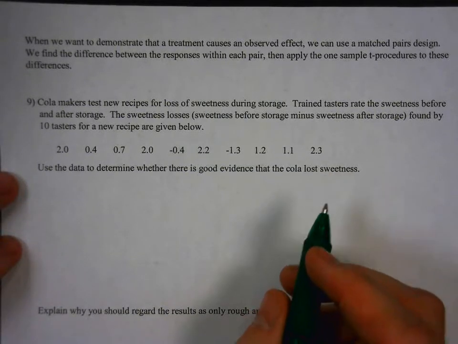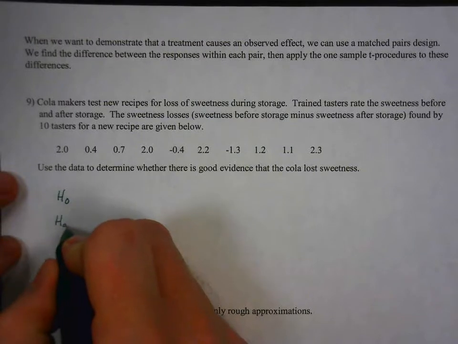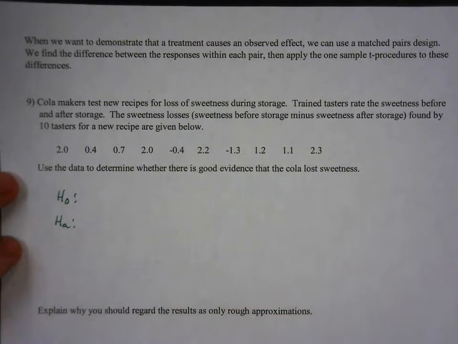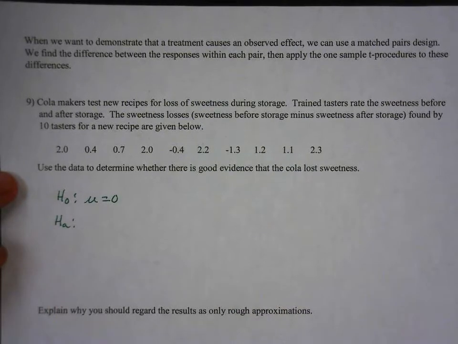So when you set up your hypotheses, the null hypothesis would be that mu equals 0. That's basically saying that there was no difference before and after storage.